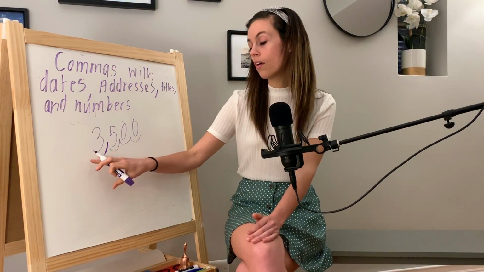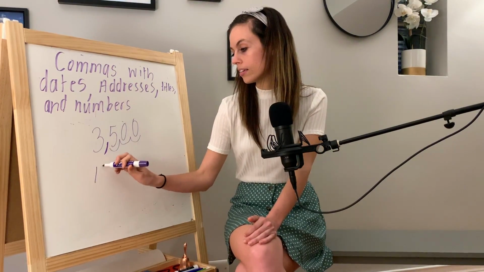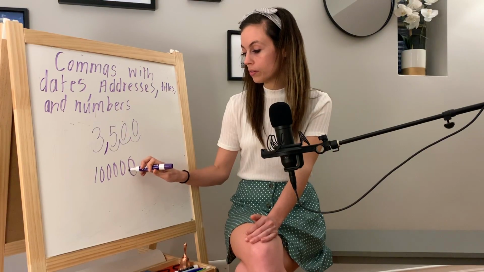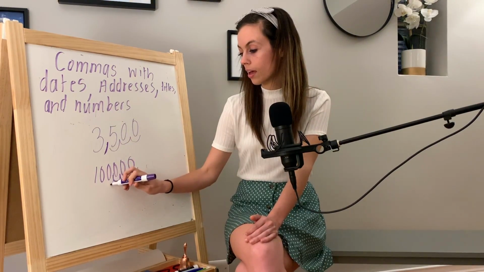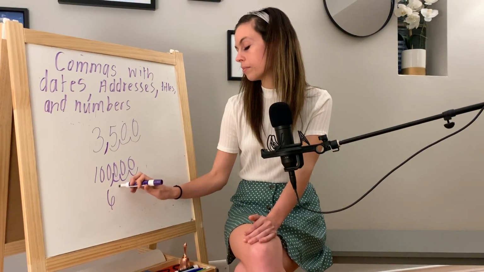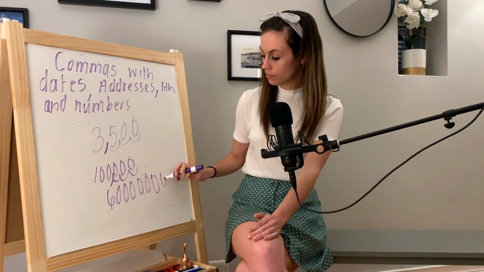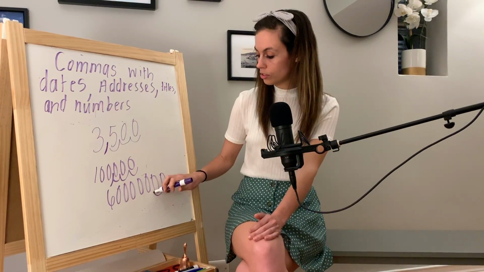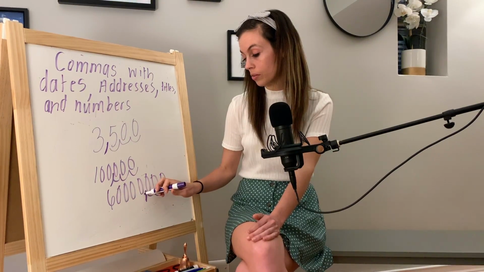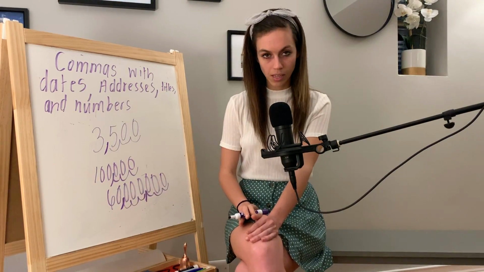So if it has 4 or more digits, you add a comma. So if we had this number, I'm going to go in 3, 2, 3, comma goes here. Okay. And this number, so I'm going to go in 3, 1, 2, 3. Well, I still have an additional 3, so I'm going to go in 3 again. 1, 2, 3. And that would separate my numbers.